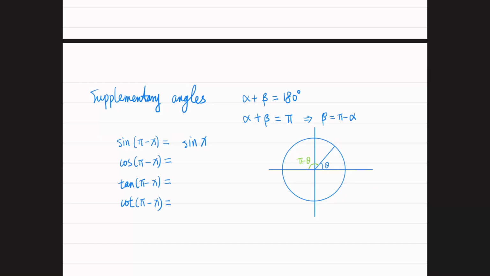Maybe I should start with pi minus theta, and then this one turns out to be theta. Now sine of pi minus x is the y-coordinate of this point. The y-coordinate will be the height. This is sine theta. Okay, I used theta, I should use x.